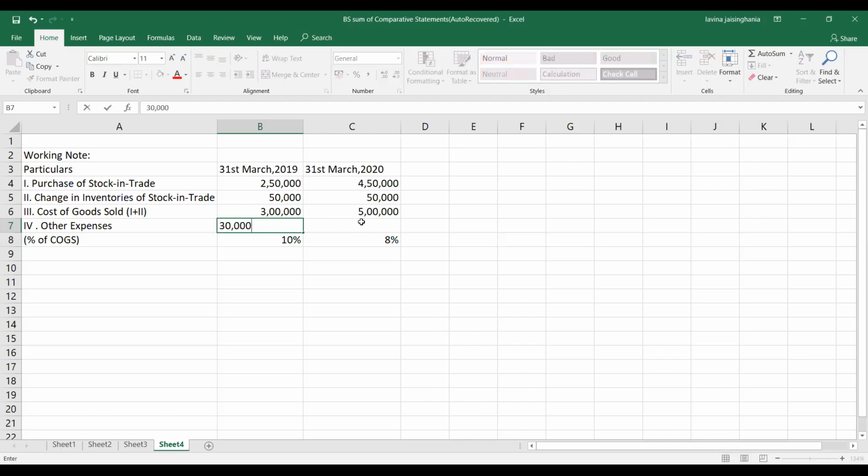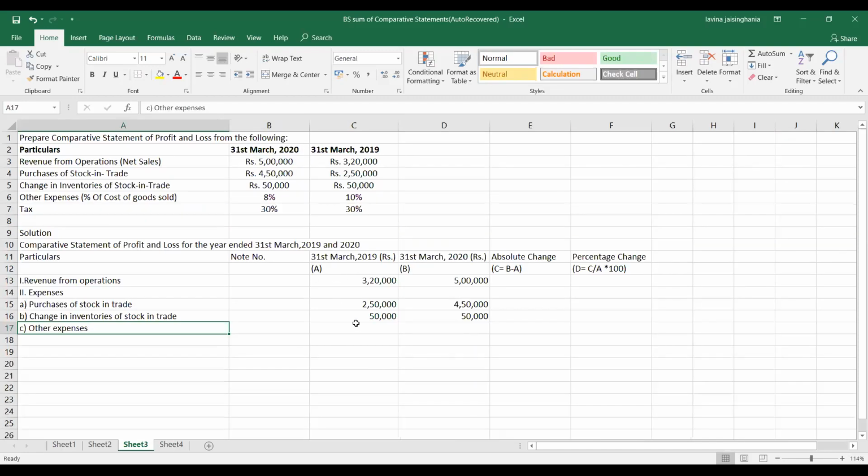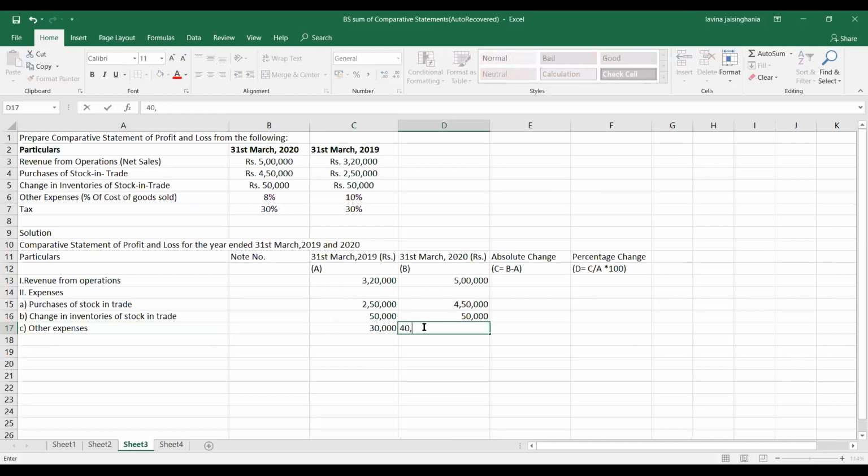And for 2020 it is given 8% of cost of goods sold. So 8% of 5 lakh will be 40,000. So here you got your other expenses in amount. Write down this amount in the statement. Other expenses will be 30,000 for 2019 and 40,000 for 2020.